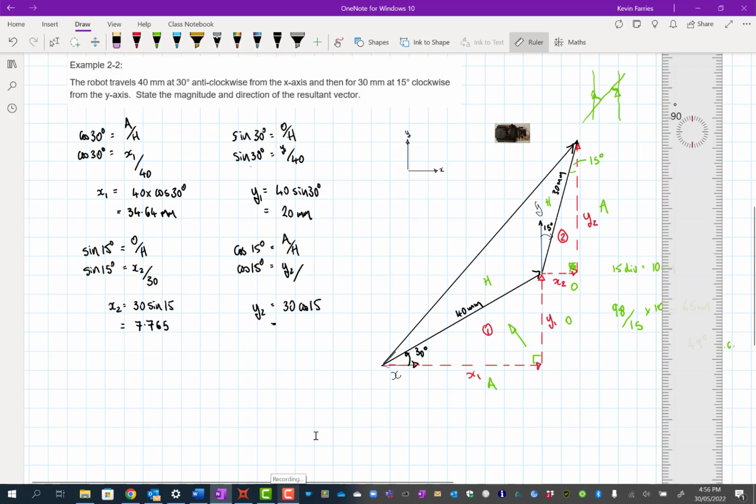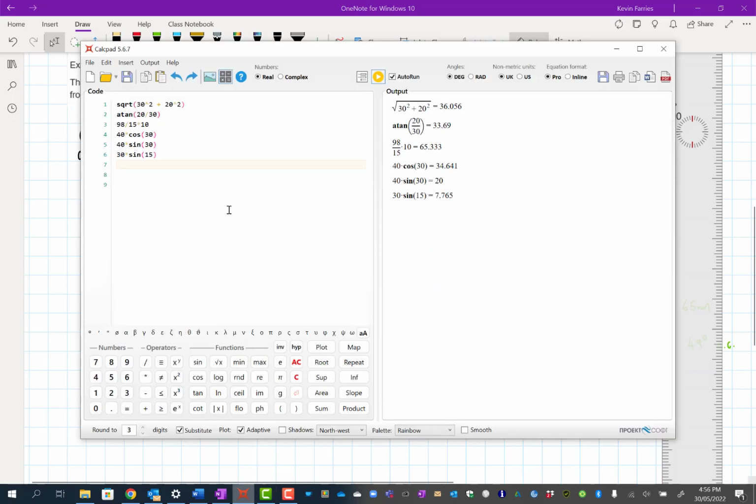no, that's right. So 30 times cos 15 is 28.97, 28.98 to 4 significant figures, 28.98.